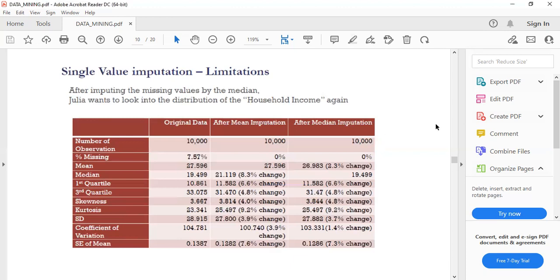Look here. After imputing the missing values by the median, Julia wants to look into the distribution of the household income again. After mean imputation, this is your original data, and this is after mean imputation and after median imputation.